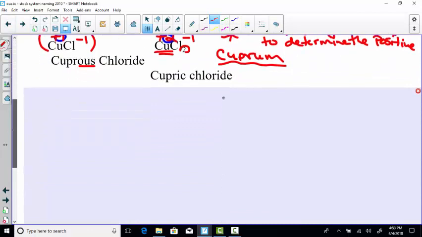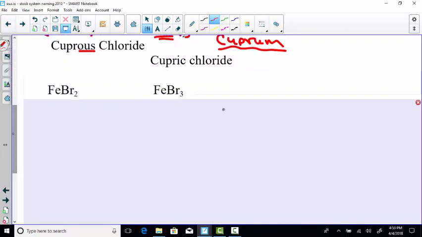but that's going to help you with knowing the classical names. So if I go to these two, FeBr2 and FeBr3, again, I need to figure out what the charges are of those two ions. So Br is a -1, so Fe has to be a +2, because right here I have two -1 charges.